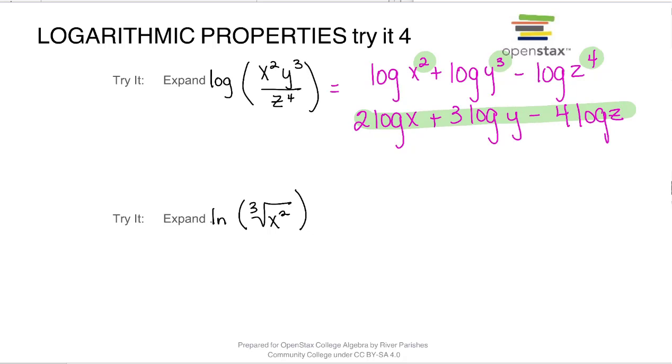All right, let's look at this next one. This is ln of the cube root of x squared, which is really x to the 2/3. And then we would write it as 2/3 ln of x.